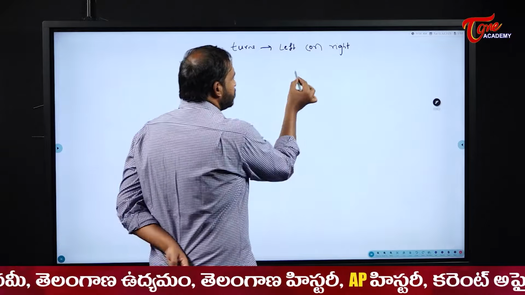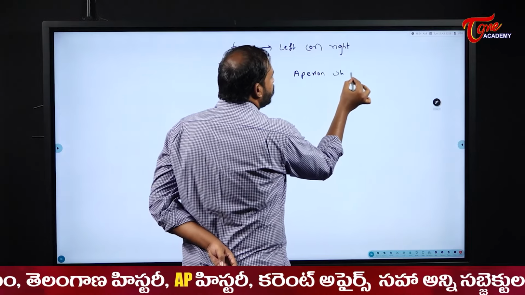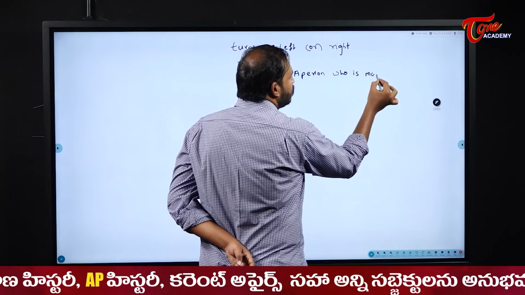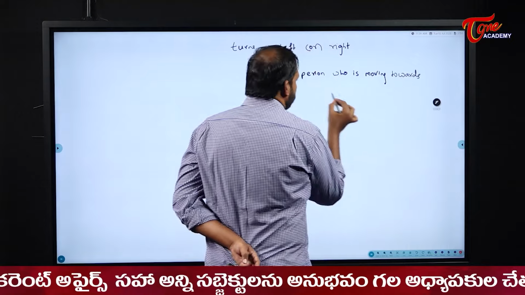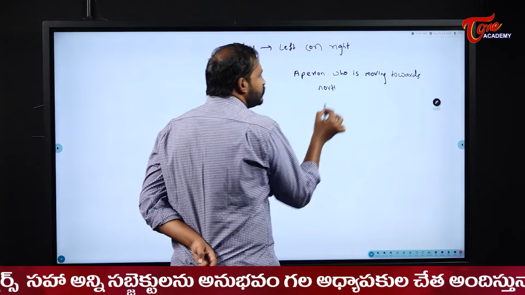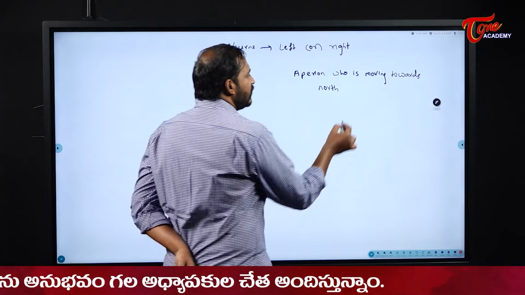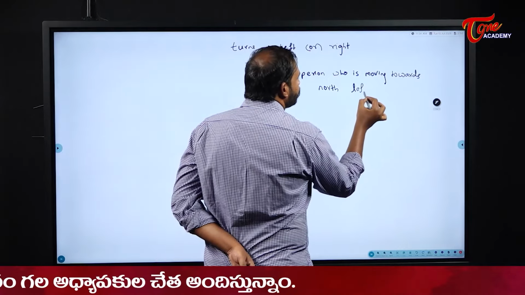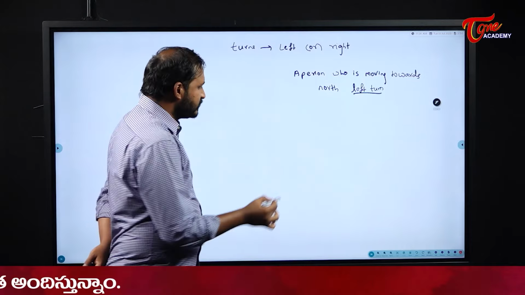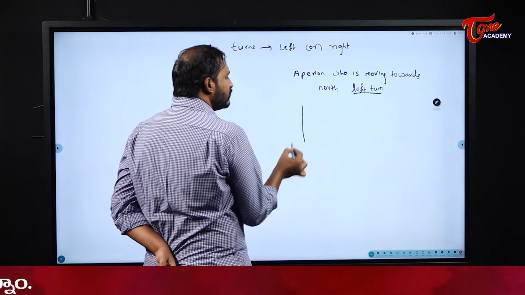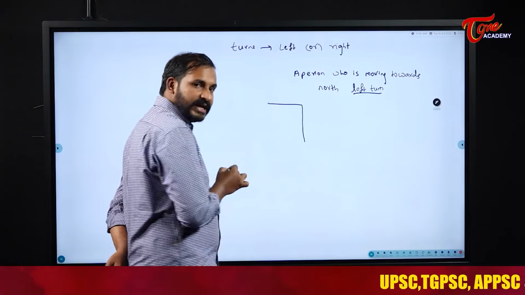For example, assume that a person is moving towards north and he took a left turn. So that means the person is moving towards north and he took a left turn, right? So left means this is the direction.